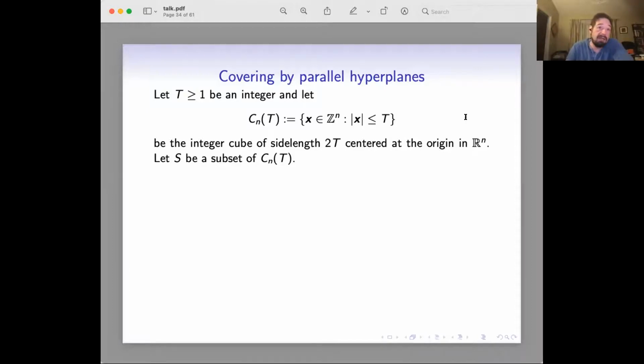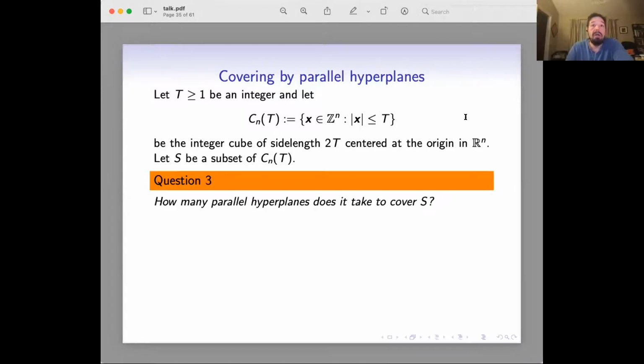Now let S be some subset of this integer cube. Then one can ask, how many parallel hyperplanes does it take to cover such a set S? Now my set is on the integer grid.